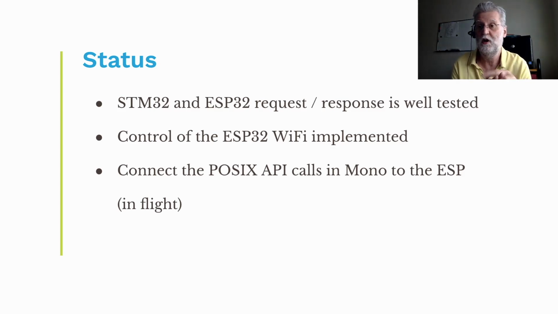The control of the Wi-Fi is also tested, and we also know that we've got a POSIX API within NuttX and also within the platform abstraction layer. We have the methods that you saw working earlier. They are POSIX compliant APIs. So now the piece of work that needs to be completed is to wire those two sections up.